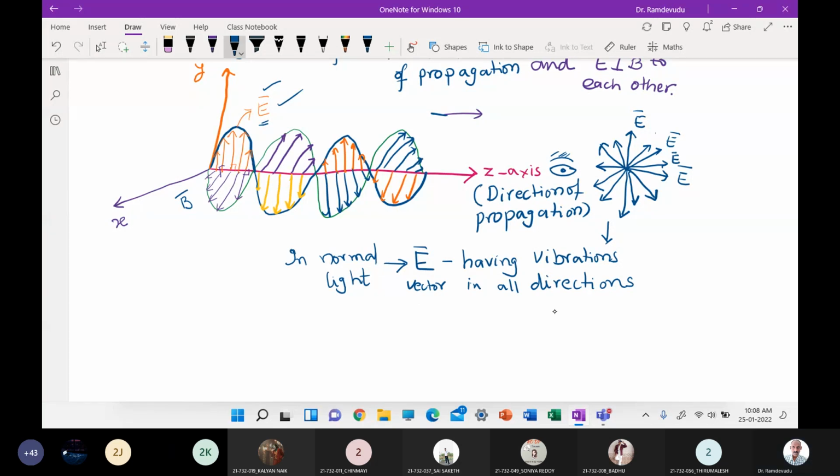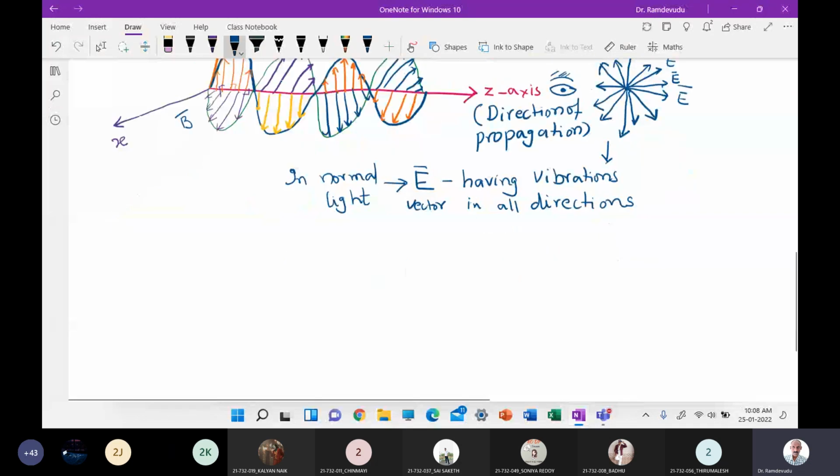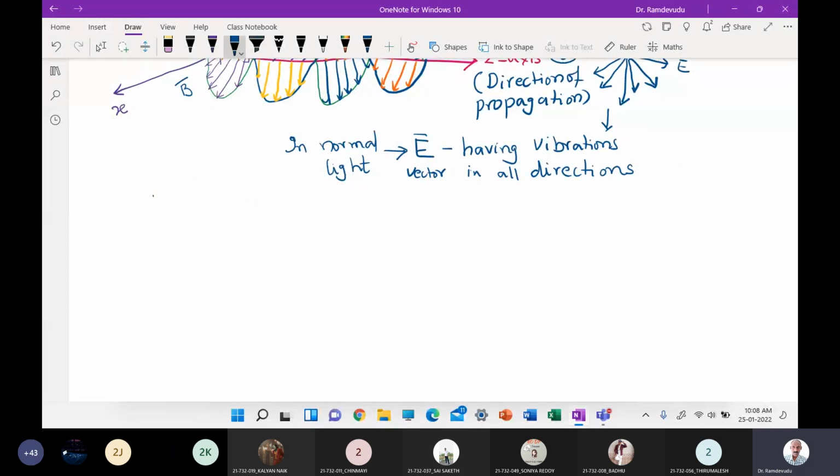Such a light having E vector in all directions is called unpolarized light. Such a light having E vectors, E bar, in all directions, any direction you can think of, is called unpolarized light.